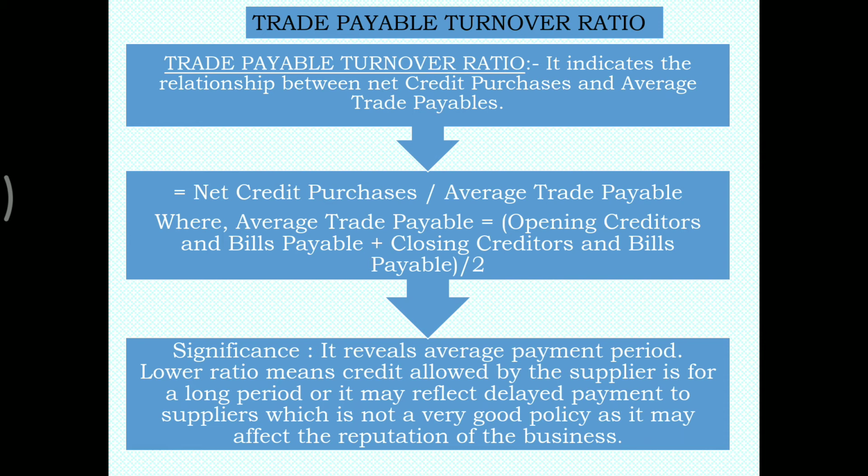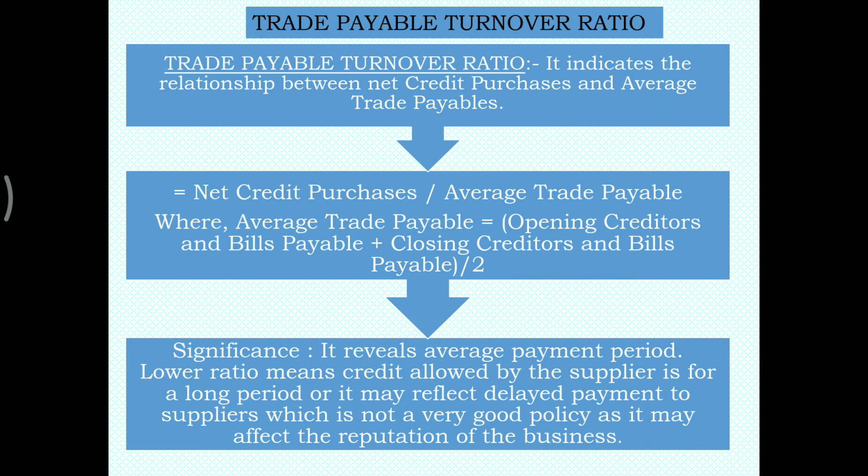Total credit purchase minus purchase return is the formula. And average trade payable is equal to opening creditors plus bills payable, opening bills payable plus closing creditors and bills payable divided by 2, or in a simple sense, opening trade payables plus closing trade payables divided by 2.